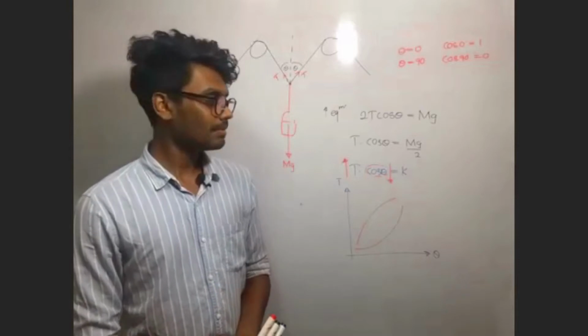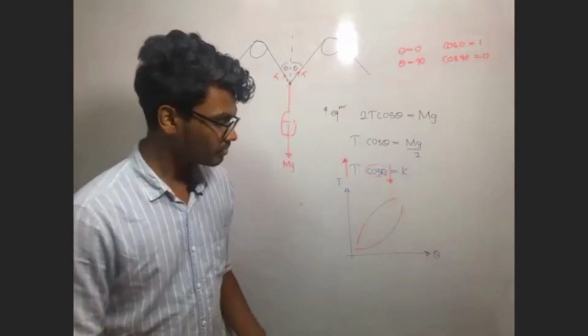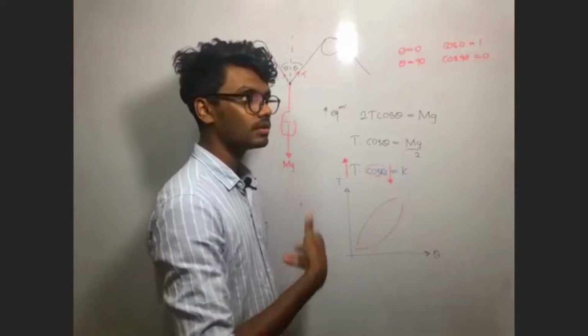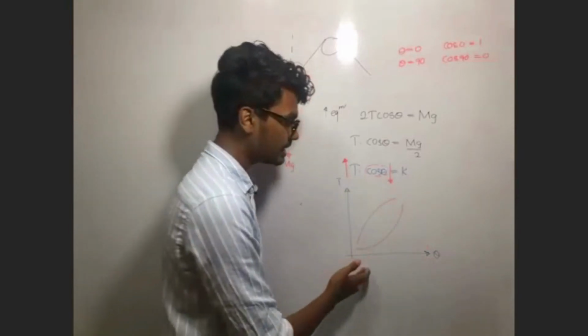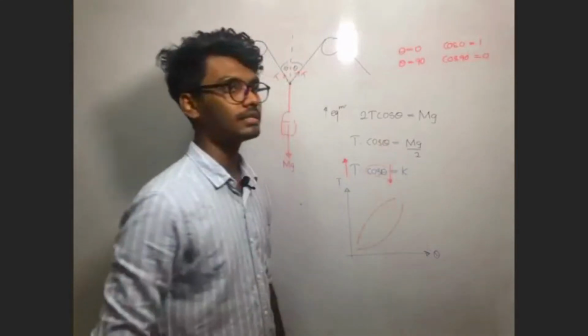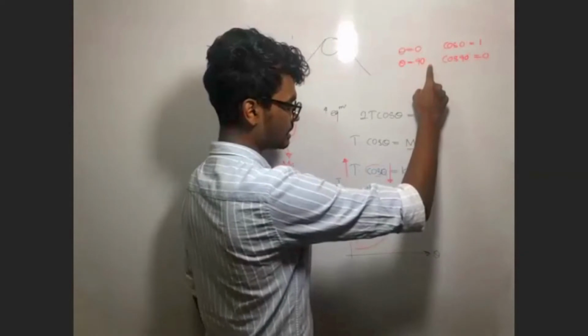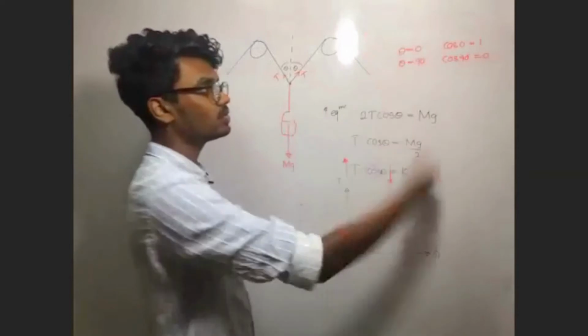Actually, you need to come up with this answer. When theta increases, the cos value largely decreases, like 1 to 0.